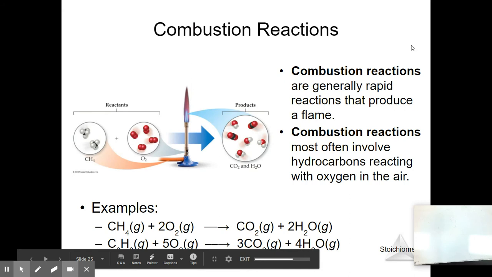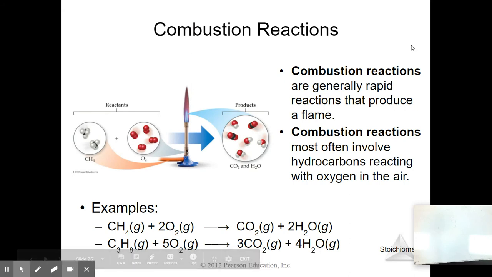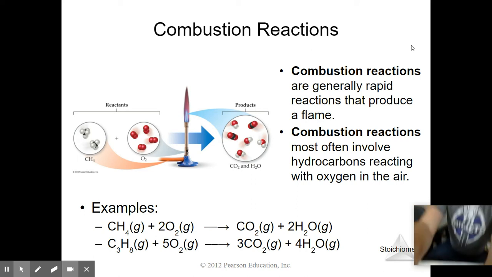combustion reaction. Now, in the first video for chapter 3, section 1, I described to you somewhat briefly what a combustion reaction was, and the fact that it is important that you know what a combustion reaction is, because whenever we have a combustion reaction, these types of reactions generally produce a flame, and they're pretty rapid, but they most often involve hydrocarbons reacting with oxygen in the air.